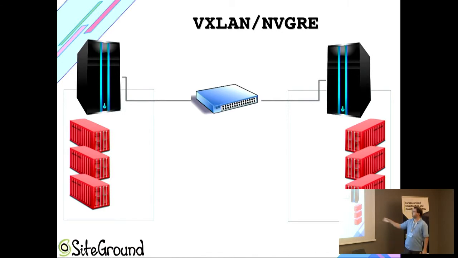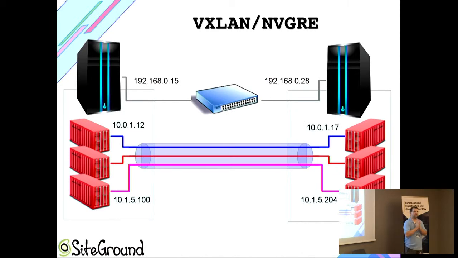If we have a few containers on one machine and a few containers on the other machine, and these machines are connected with a single Ethernet interface to the switch, we create a virtual pipe between those two machines. And we route the traffic from one machine to another machine, routed via tunnel. And we have either a VXLAN tunnel or an NVGRE tunnel.